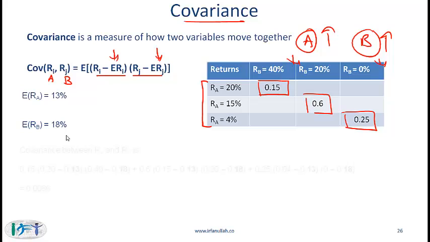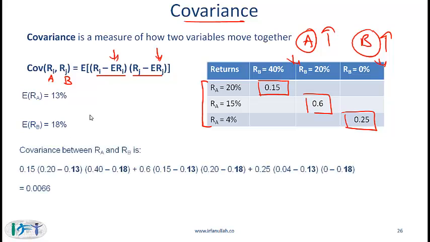Then to compute the covariance, we have to come up with the expected value of this product, and the way we do that is look at the first scenario, which has a 15% probability, and then this product here is the return on A minus the expected return on A in the first scenario where the probability is 15%. In the first scenario, the return on A is 20% or 0.2.